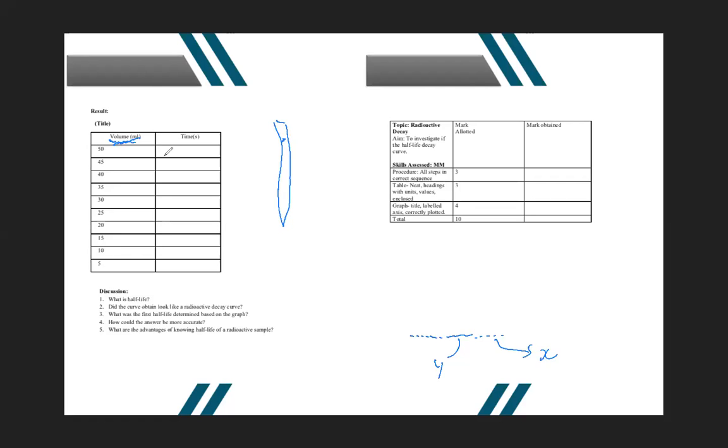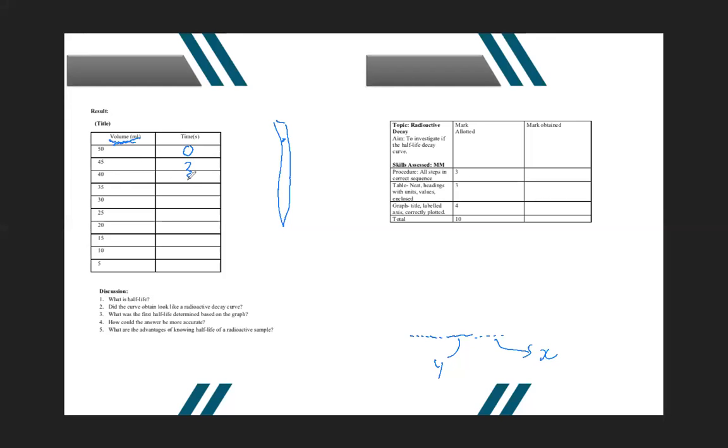If it starts at 50, is it at the bottom or the top? Yeah, so we start at 0. So at 0 seconds, there was 50 milliliters left in our burette. At say 2 seconds afterwards, there was 45 left in our burette.